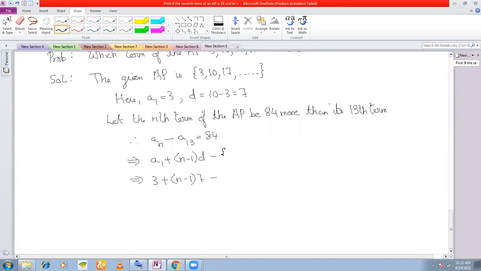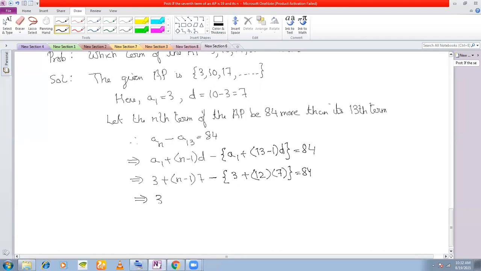Also before this you can write this for A13 also. What should be A13? A1 plus 13 minus 1 into d is equal to 84. So this should be minus, A1 here is 3 plus 13 minus 1 is 12 and d is 7 is equal to 84.